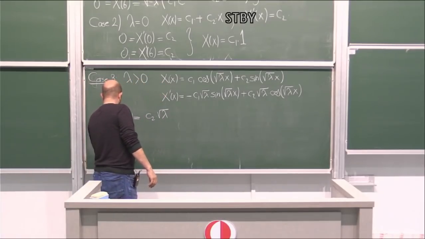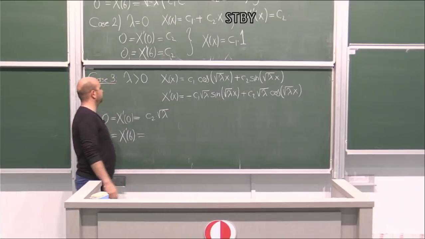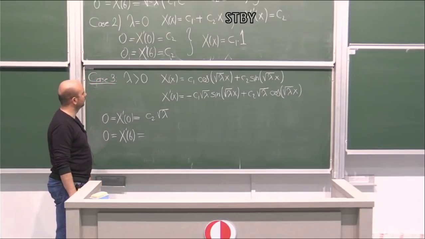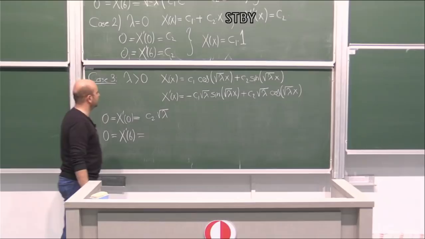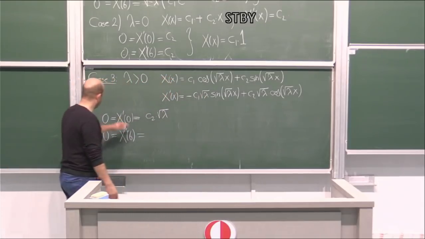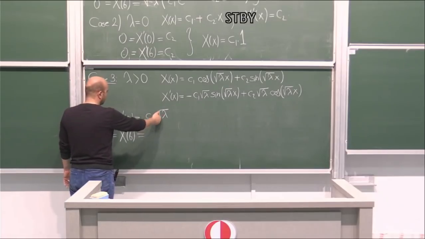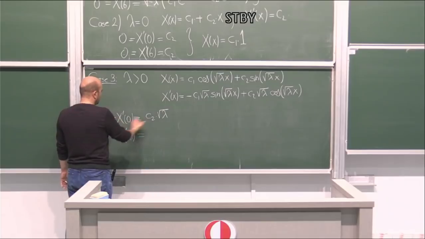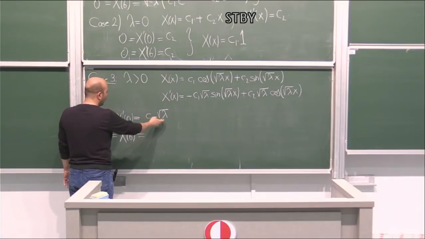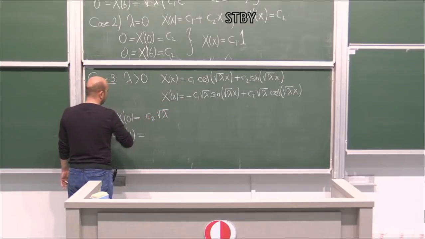And then x prime 6 is equal to 0. Actually, from the first condition we can directly say the following. If C2 times radical lambda is 0, then C2 has to be 0 because we know that lambda is positive, so the radical is not 0.